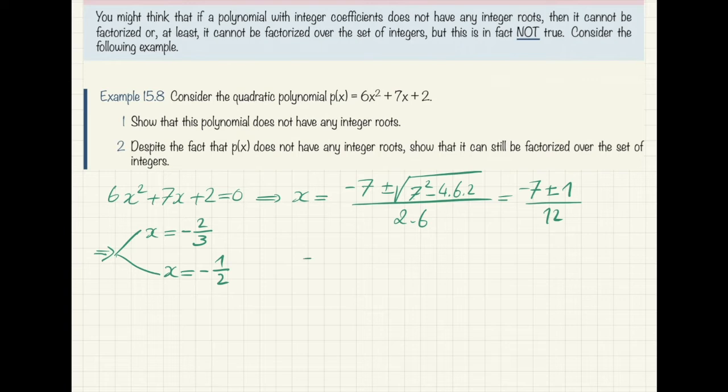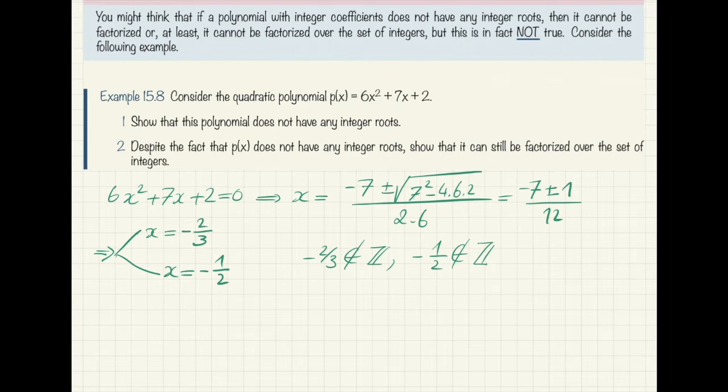So you see minus 2 over 3 does not belong to the set of integers. Minus 1 over 2 does not belong to the set of integers. By the way, using the theorem that we just learned today, we can also solve this problem in a different way.